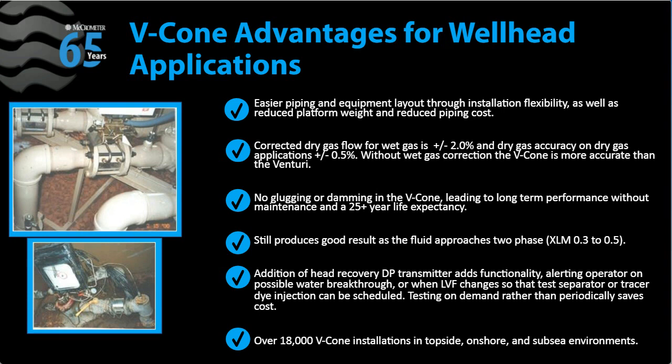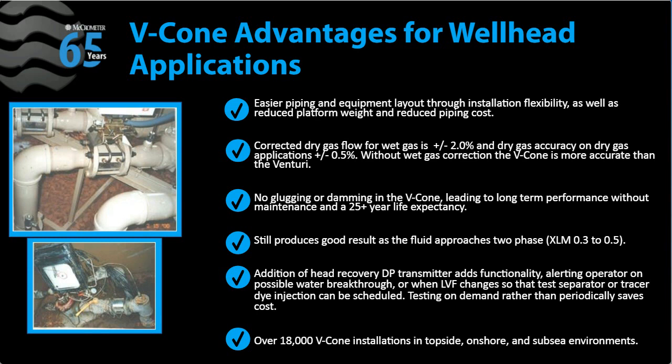The corrected wet gas flow accuracy is plus or minus 2%, and the dry gas accuracy ends up being plus or minus 0.5%. As we mentioned, a wet gas application is very difficult to measure, and we're using a correction factor to account for the overreading error, which is why we're able to get within plus or minus 2% accuracy.